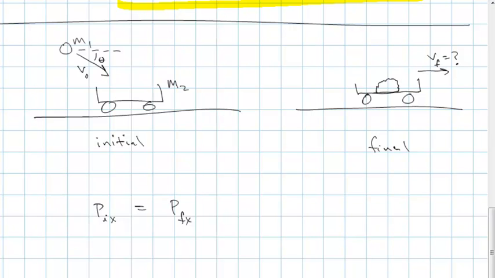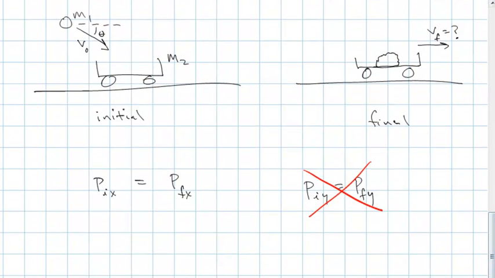The cart is free to move back and forth in the x direction, and the lump of clay is coming in and hitting. Nothing is acting on this system in the x direction. But we would not say that the y direction has momentum conservation because the Earth is interacting with our system. We would ignore the y component of the momentum and only look at the x momentum.